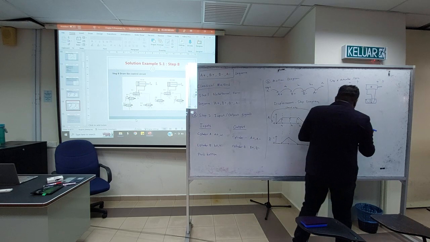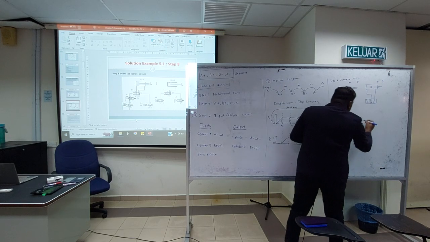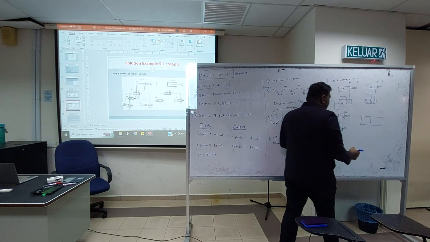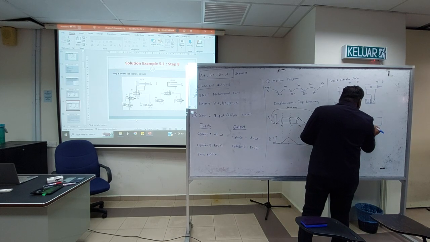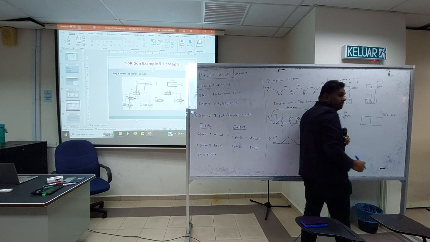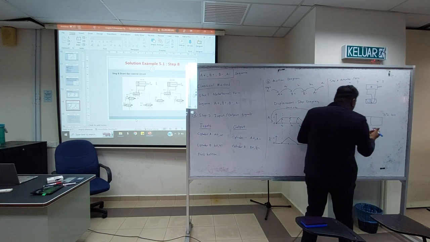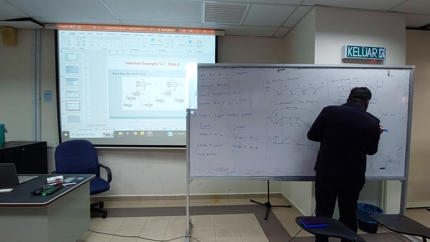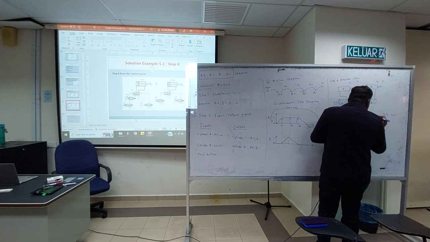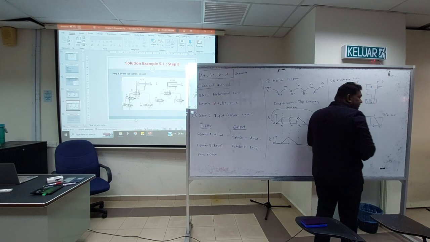Okay, so you see it has two parts. This is a 3/2 way valve, right? So this is port P, this is exhaust, and this is working port 1.